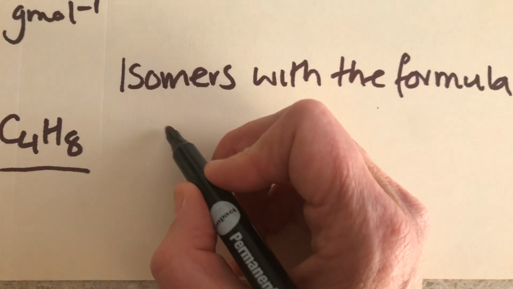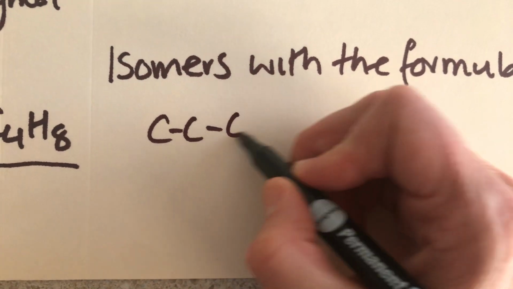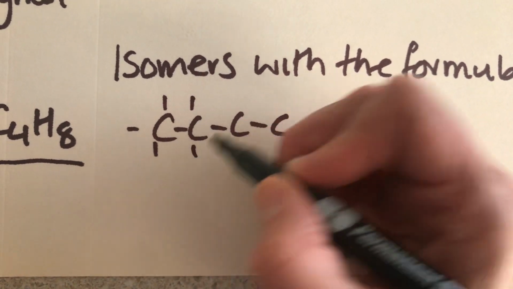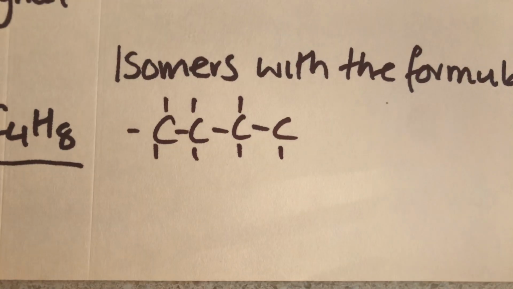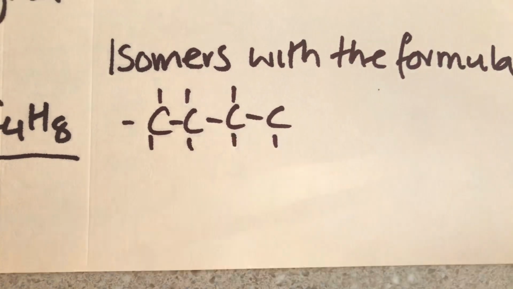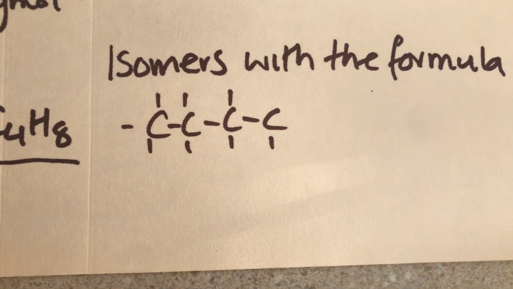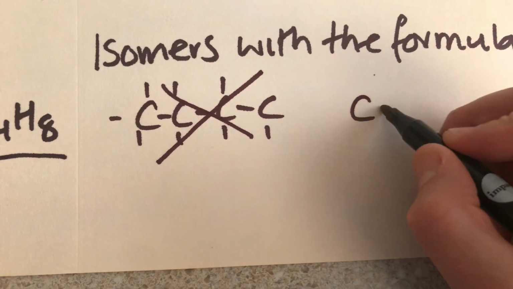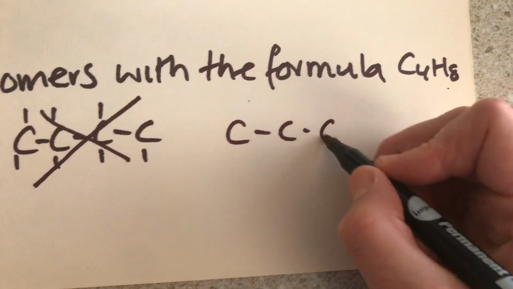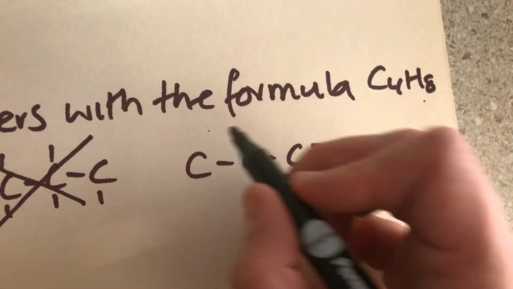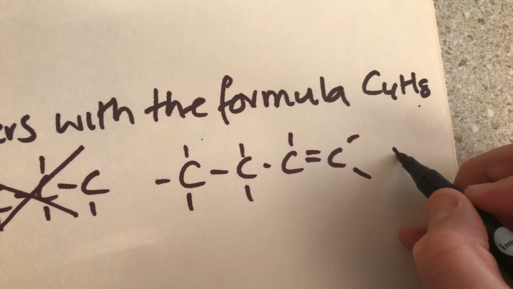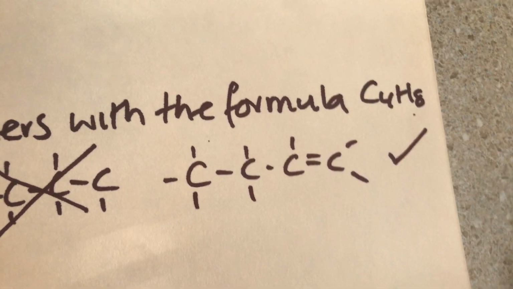If we started to just do 4 carbons, and started to put our hydrogens on, 1, 2, 3, 4, 5, 6, 7, 8, you can see straight away that this poor little carbon hasn't got enough hydrogens, so obviously we need to stop there and redraw. Put a double bond in somewhere, 1, 2, 3, 4, 5, 6, 7, 8. Right, so it's something with a double bond in it.